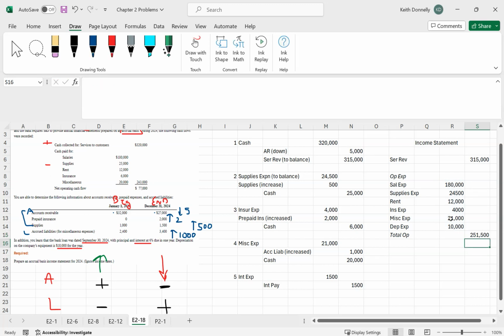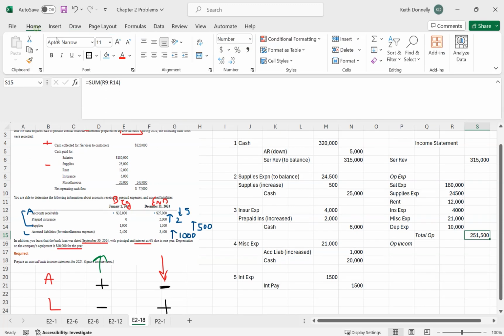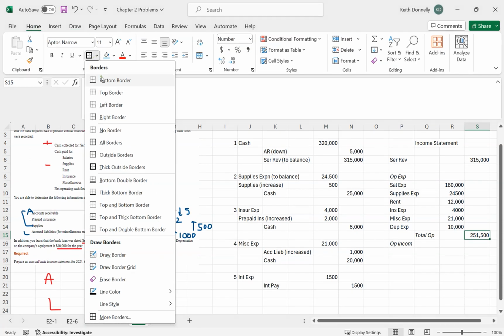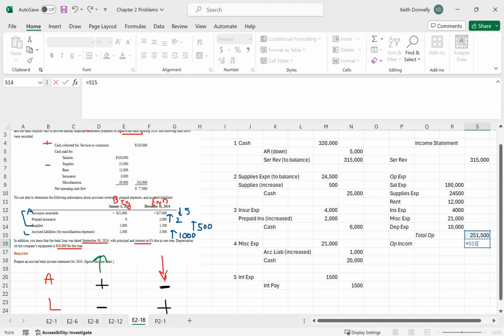of 251. That's going to get us, in this case, our operating income of $63,500. We have to back out our other expenses, in this case our interest expense of $1,500 that we calculated.